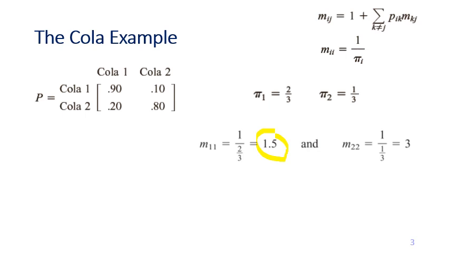Now for the other mean first passage times, we need to use the first formula. For example, M12.